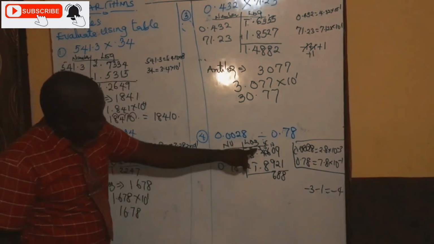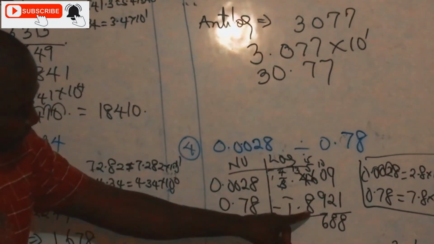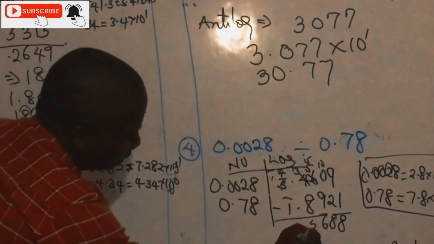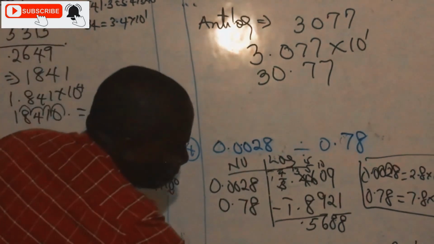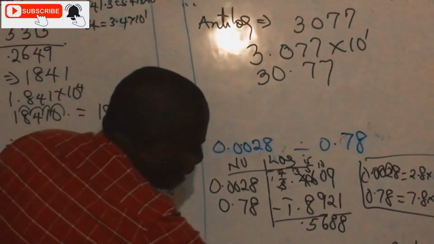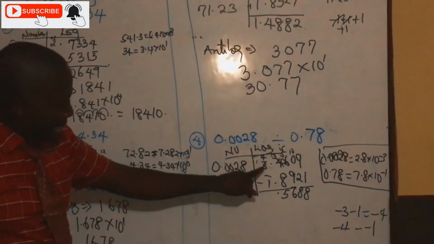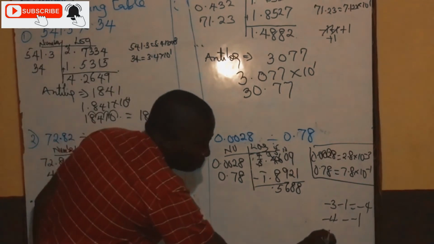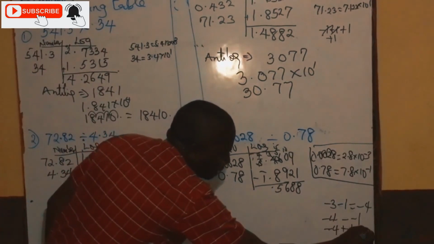So this will now turn to 13. 13 minus 8, that is 5 point. So bar 4, it remains minus 4, minus 1. We have minus 4 plus 1 equals minus 3.